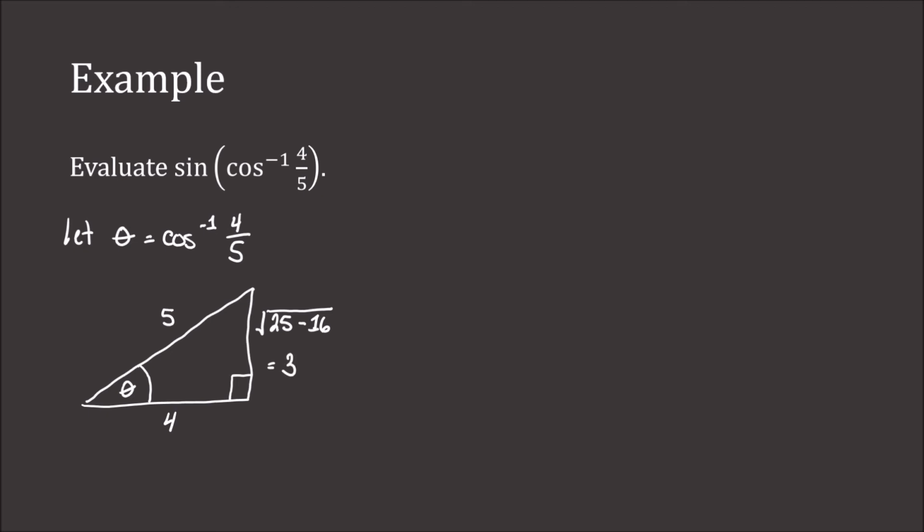We can now find sine of theta. Sine of theta is opposite over hypotenuse. So sine of theta, which is the sine of the inverse cosine of 4/5, is equal to 3/5.